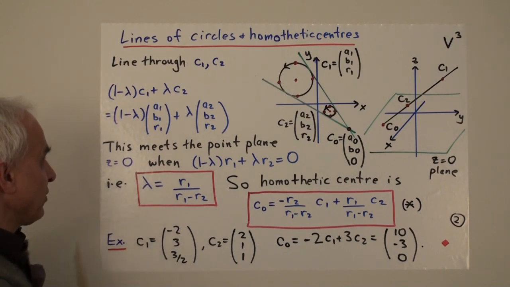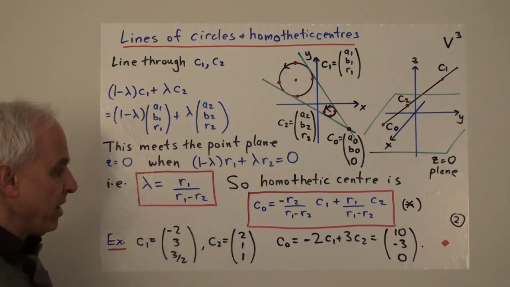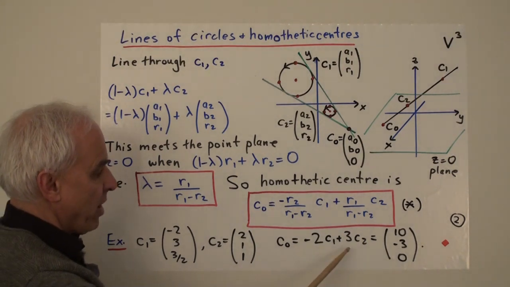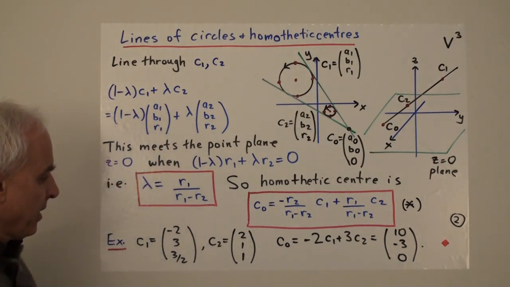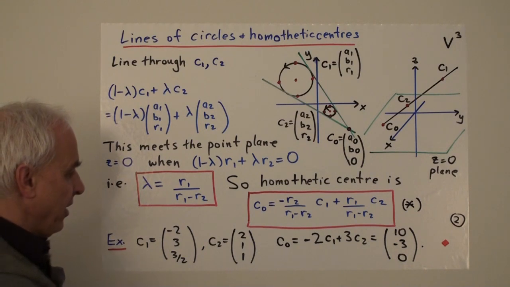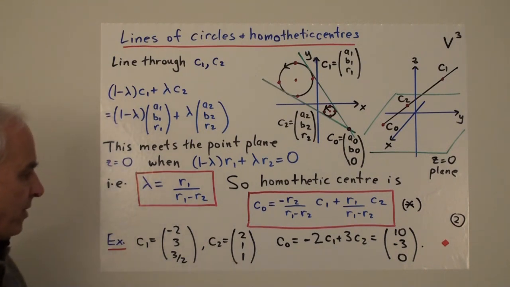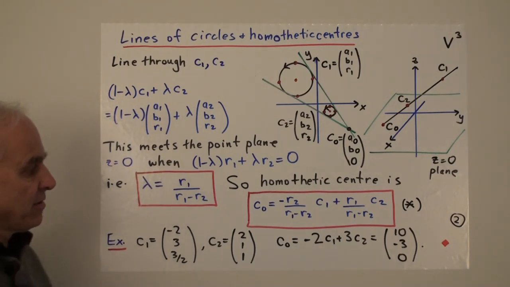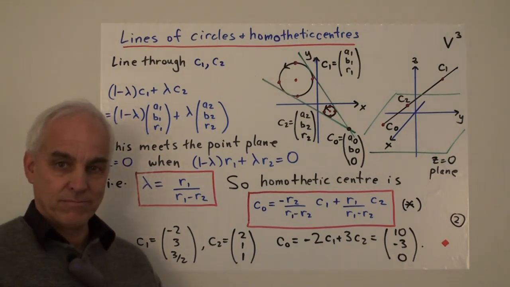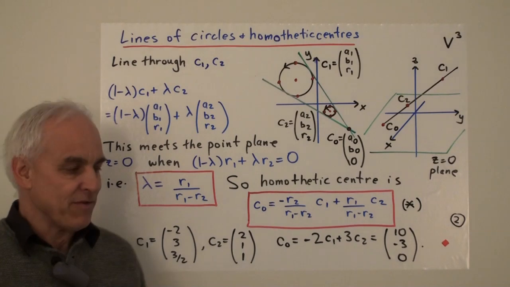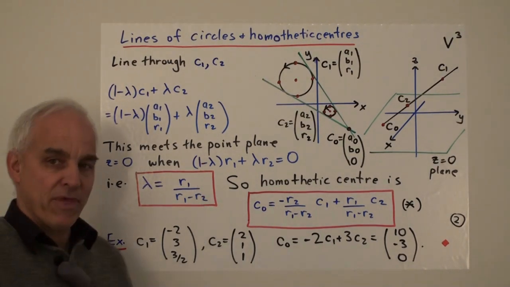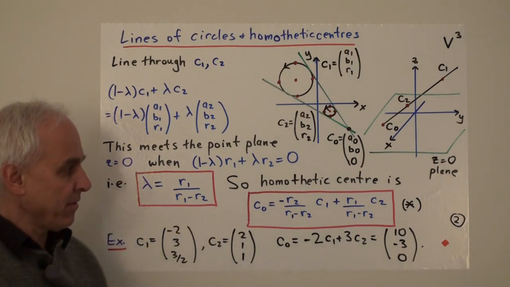So lambda is equal to 3, and then 1 minus lambda will be minus 2. So the formula is C0 equals minus 2 C1 plus 3 C2. If you take minus 2 times this and add 3 times this, you get the point 10, minus 3, 0, which is pretty close to the point that I drew on the previous slide, representing the homothetic center of the two circles that we had there.